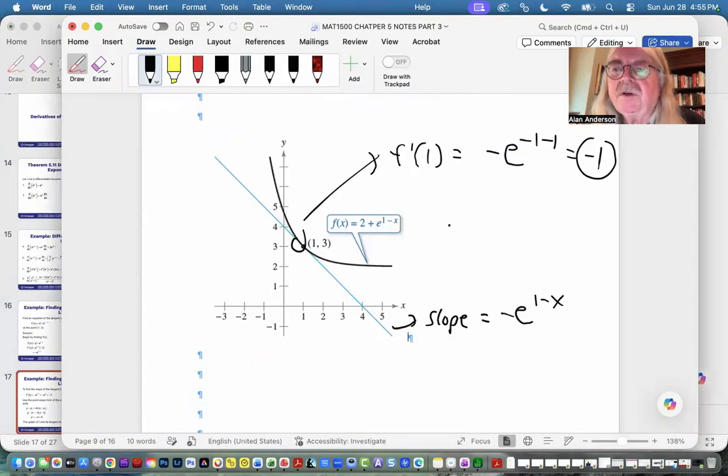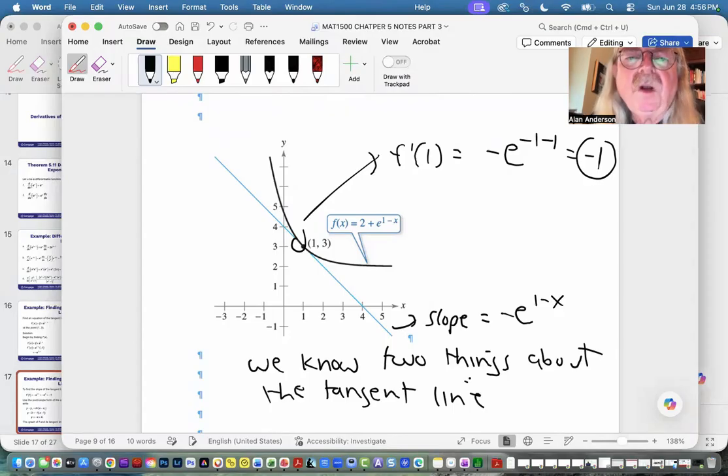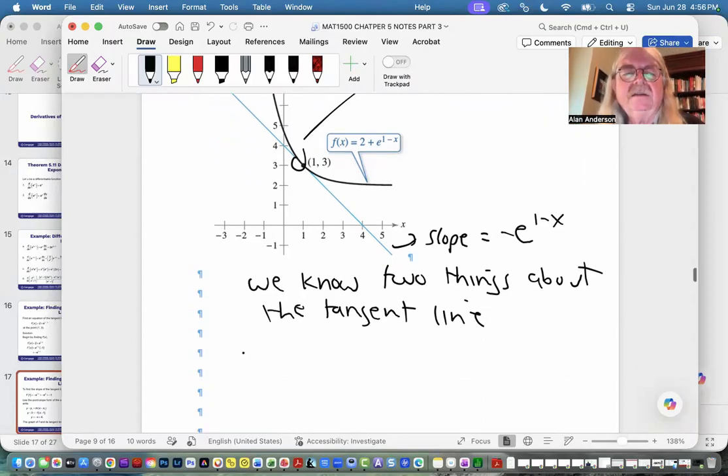So that means we know two things about this tangent line. Number one, it contains the point 1, 3.